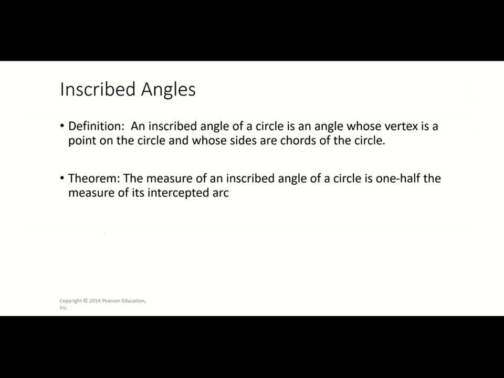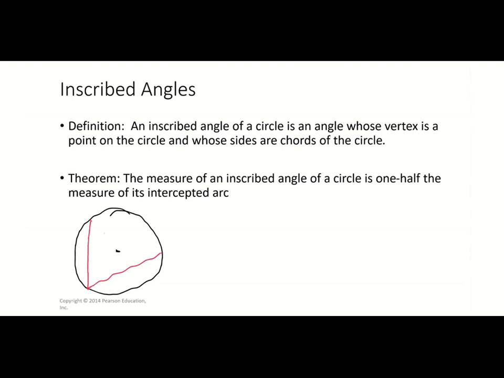So if I have a circle, again, pardon my drawing, here's the center of the circle, but my inscribed angle's vertex would be a point on the circle, and the sides would be chords, so that angle would span the circle, wouldn't go from the center.